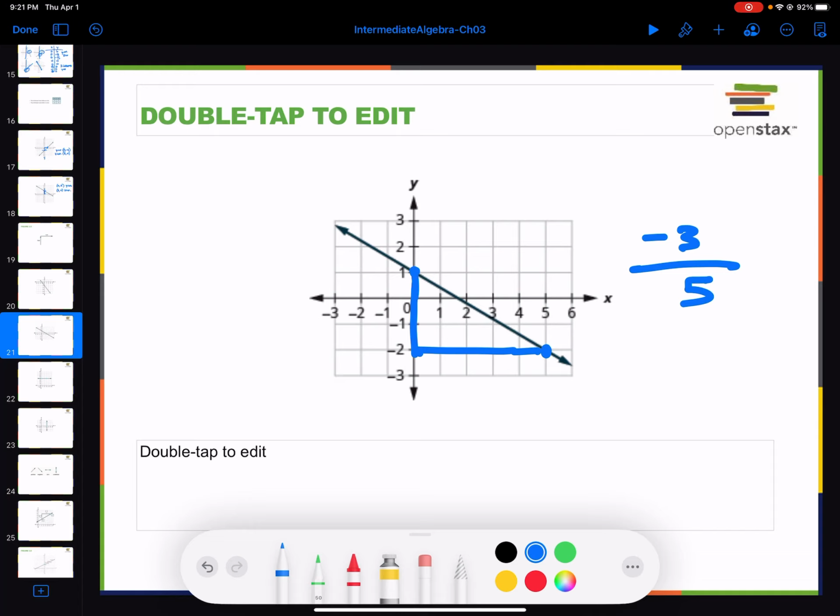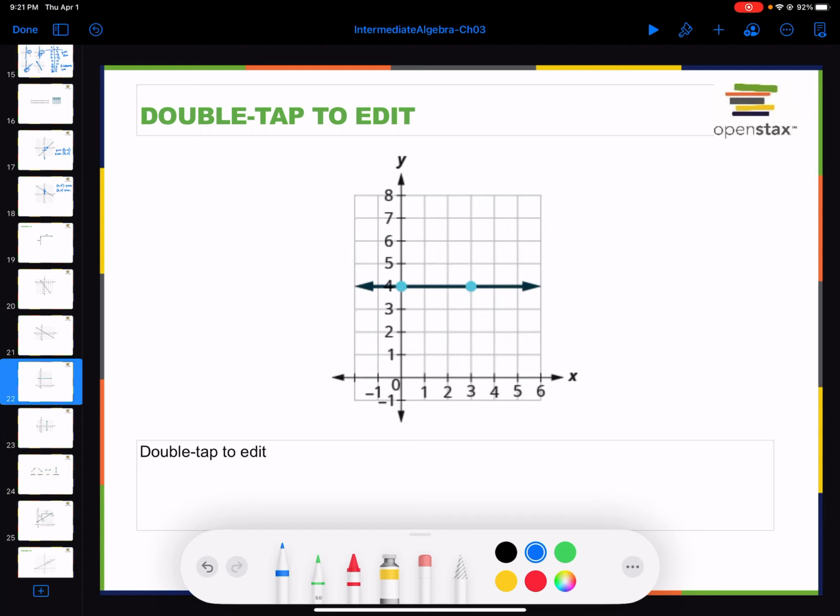So that's -3/5. Or if you want to see it the other way, like I said, it really doesn't matter which way you go. Just stay consistent about it. So now we're going up 1, 2, 3, and over 1, 2, 3, 4, 5. We're going to the -5. So either way, slope is -3/5.